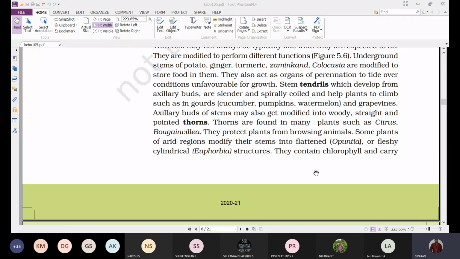So if the tendril develops either from the terminal bud or axillary bud, then such types of tendrils are regarded as stem tendrils. Stem tendrils which develop from axillary buds are slender and spirally coiled and help plants to climb, such as in gourds. We'll find it in ridge gourd and bitter gourd.